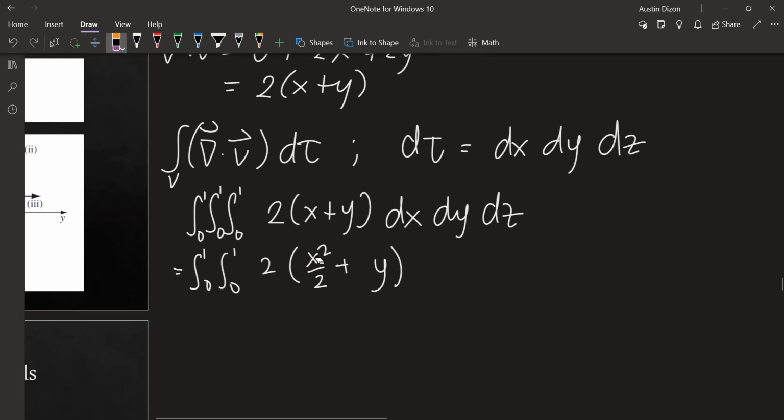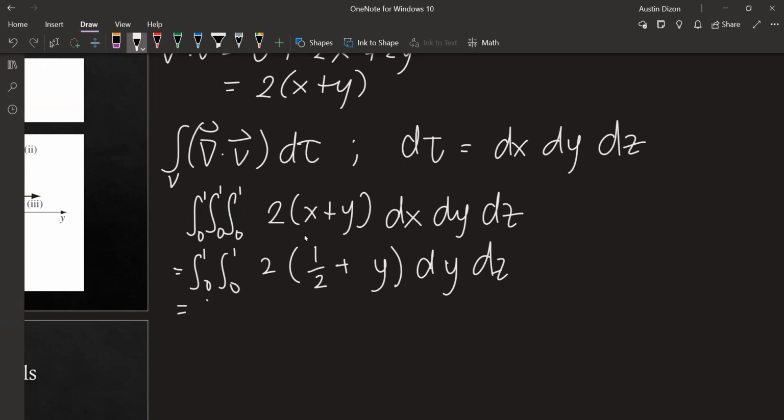And then, so that is just 1. Ito ay x squared, di ba? So evaluated at 1. So 1 squared is just 1. And then yung dito will be 1 din naman. X na lang to. So 1 lang din siya. And then minus yung 0. Pero mag-zero out lang din. So hindi na natin sinulat. Next. Sulat muna natin yung mga natira.